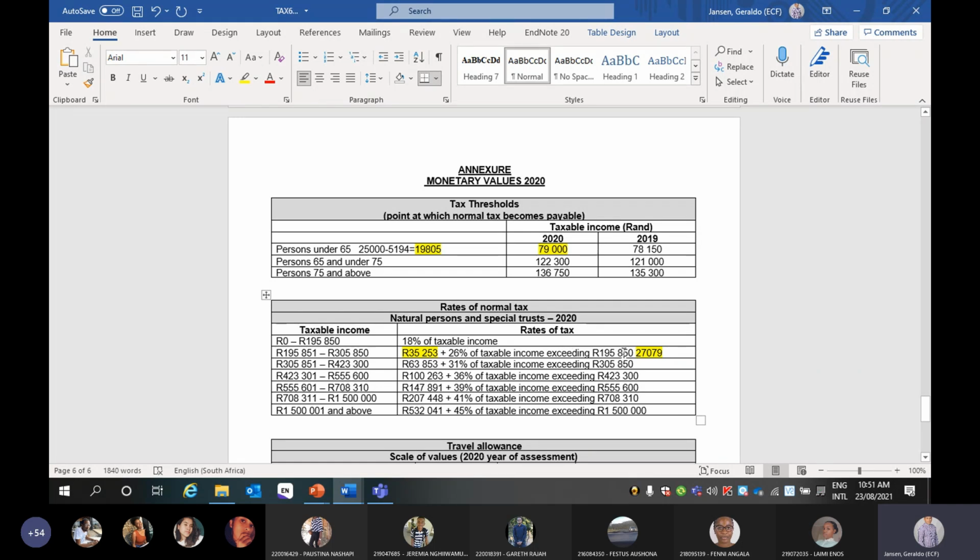So basically what they say is every dollar more than 195,850 will be taxed at 26%. And that is why we said 300,000 minus 195,850, and we got an amount there. We had to multiply that by 26%, and that is the amount we got. So that plus that is the tax for that specific year.